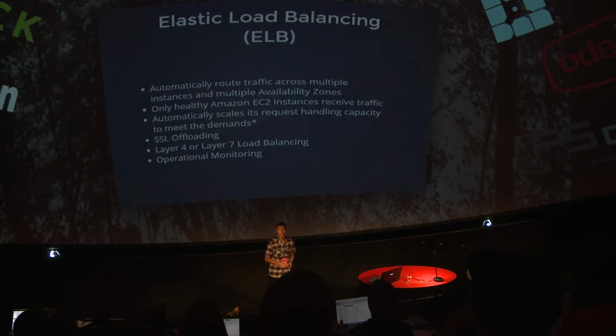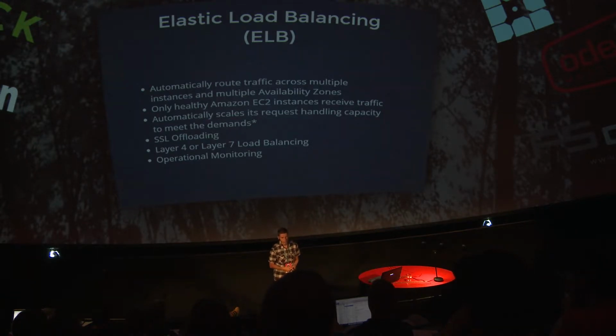The next thing that we'll be using is Elastic Load Balancing, or ELB. This service automatically routes incoming traffic to all of your backend instances. Routing can be done on two layers, layer 4 or layer 7.